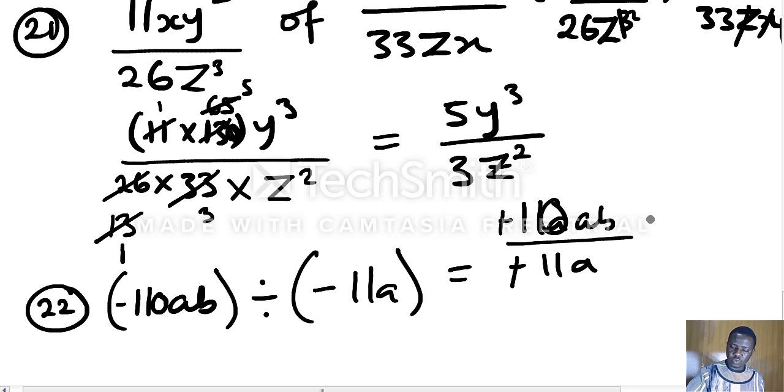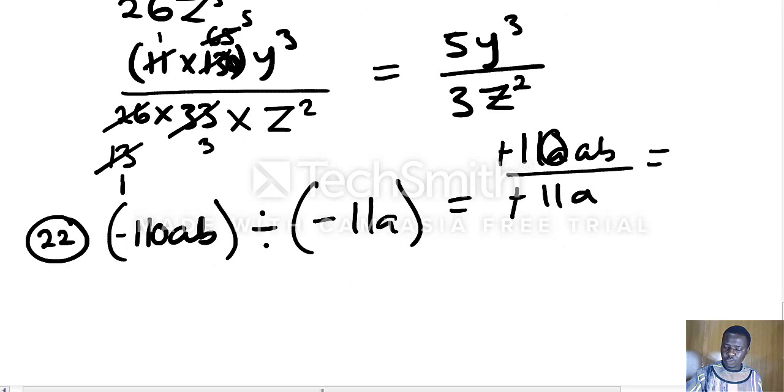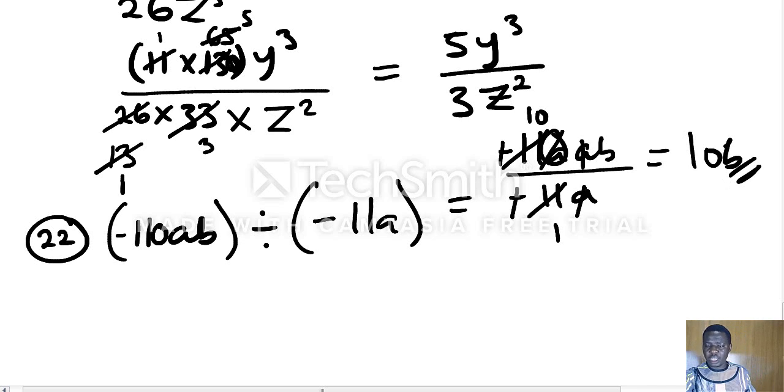Minus will cancel minus, leaving us with plus, so that 11 into itself is 1, 11 into 11 is 1, 1 into 0 is 0, a will cancel out, leaving us with 10b as our answer.